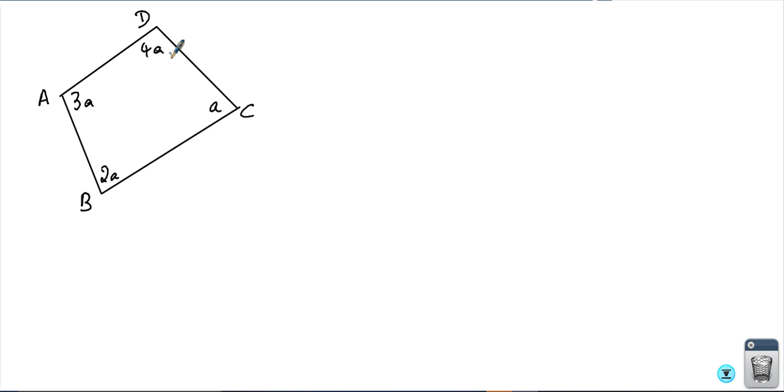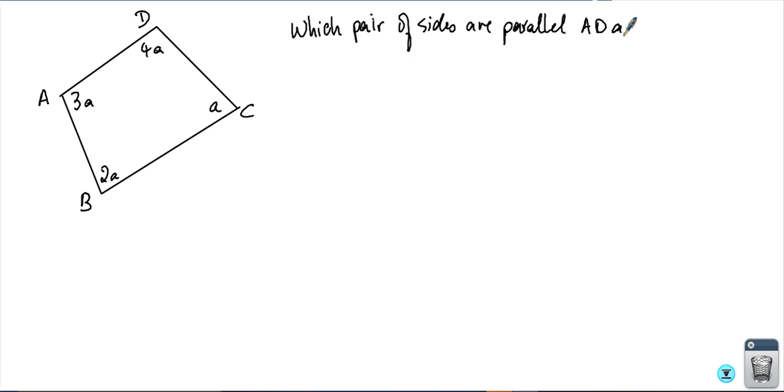Okay, and I need to find which pair of sides are parallel: AD and BC, or AB and CD.